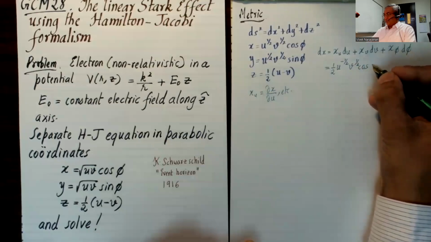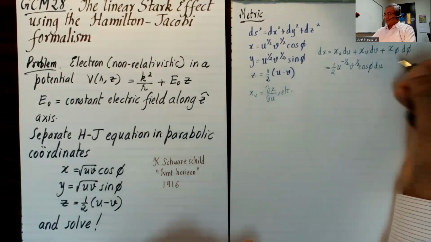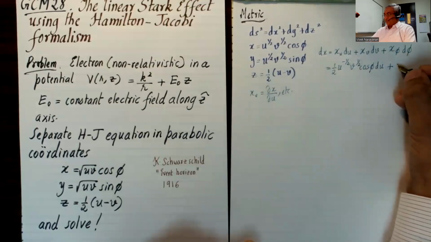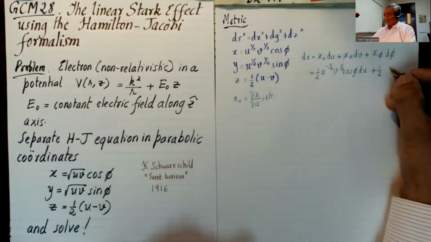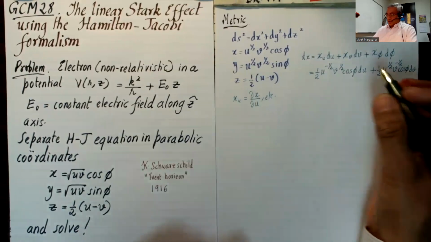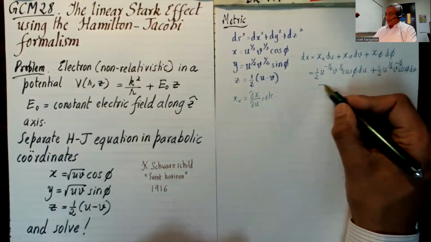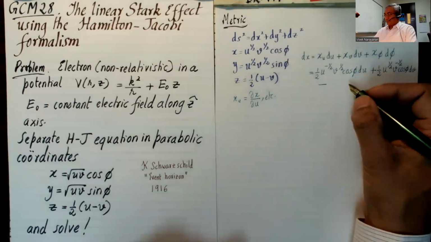Everything else remains the same. Then I differentiate x with respect to v. Lastly, x with respect to phi. Now, when I differentiate with respect to phi, I'm going to get a negative sine phi.